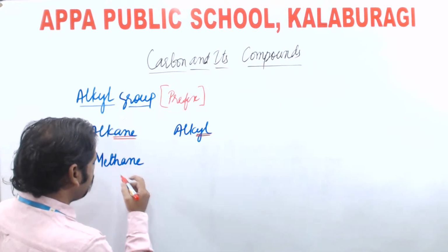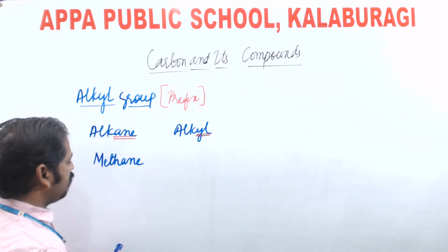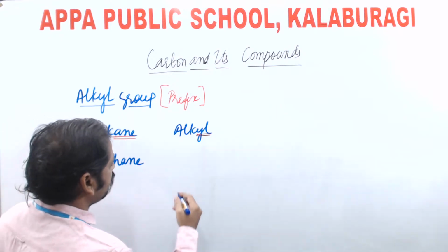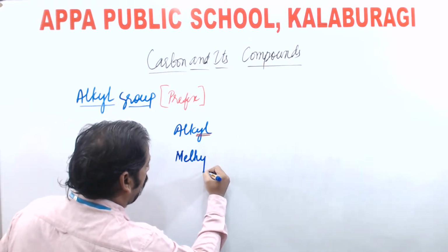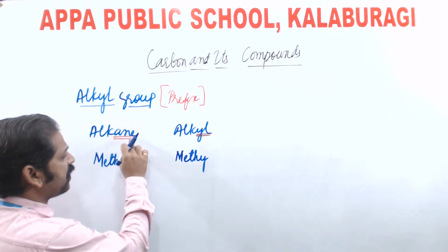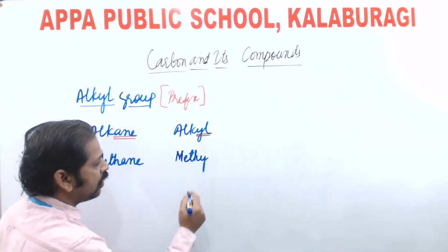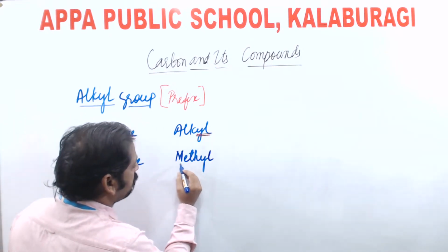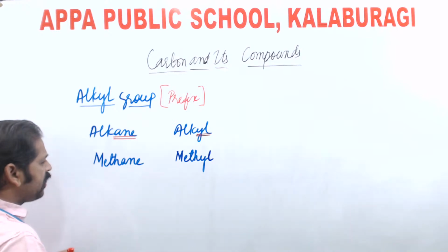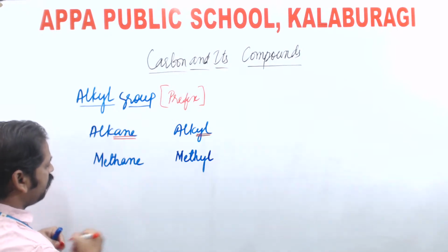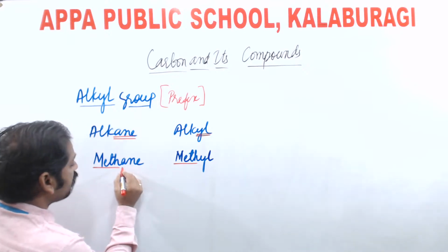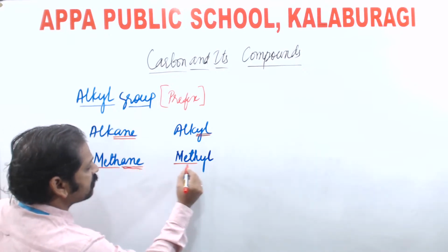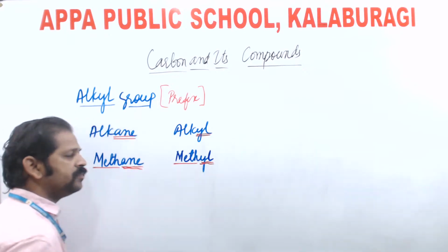From methane, METH will be available. Now instead of ANE, it becomes YL. Here also meth is there, but instead of ANE, it has become YL.